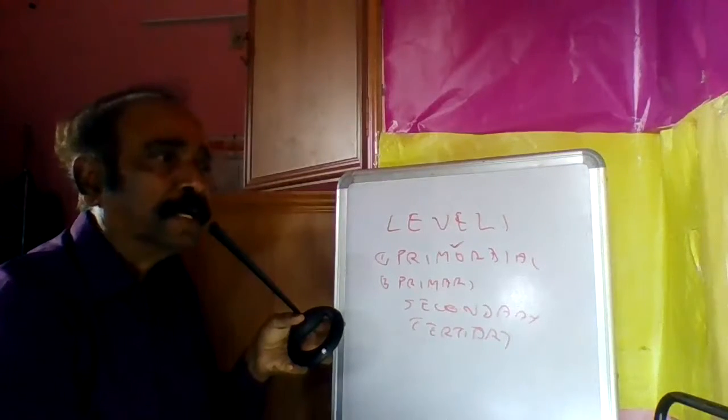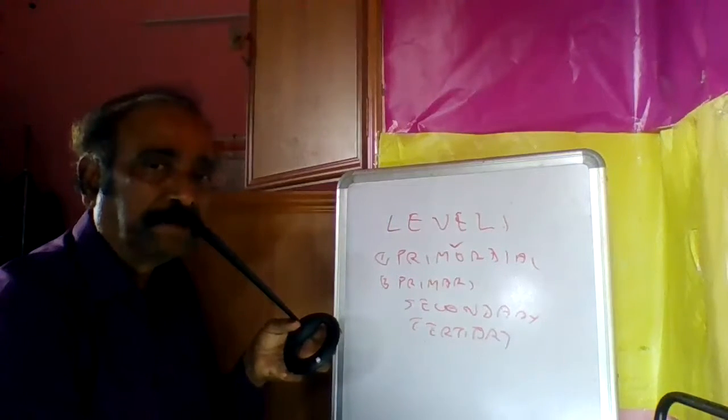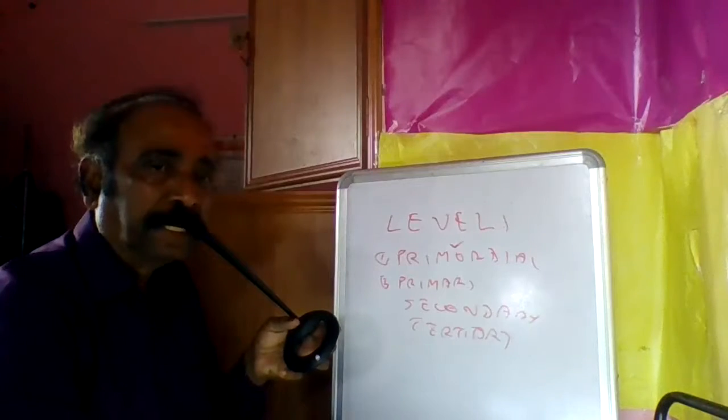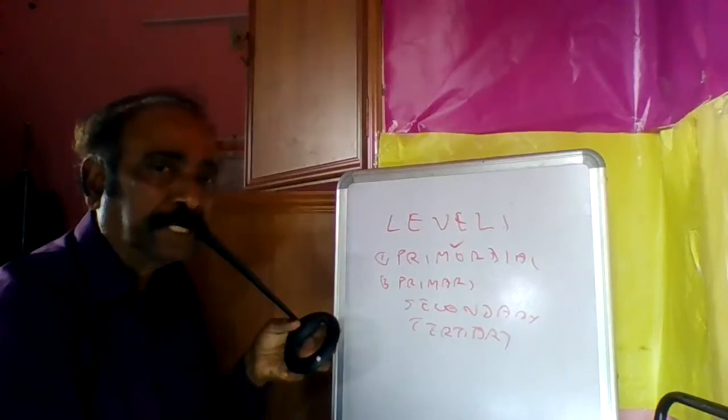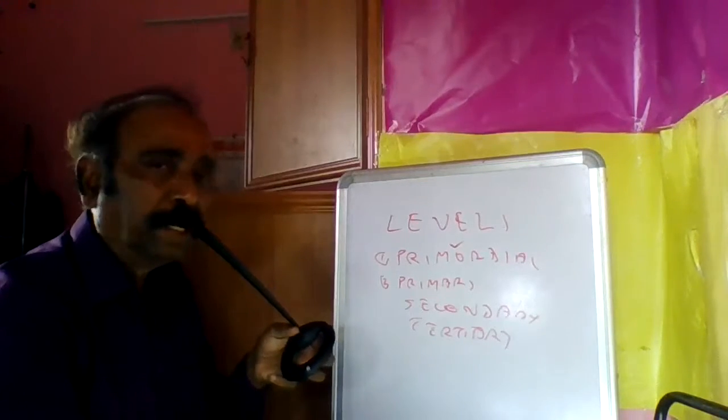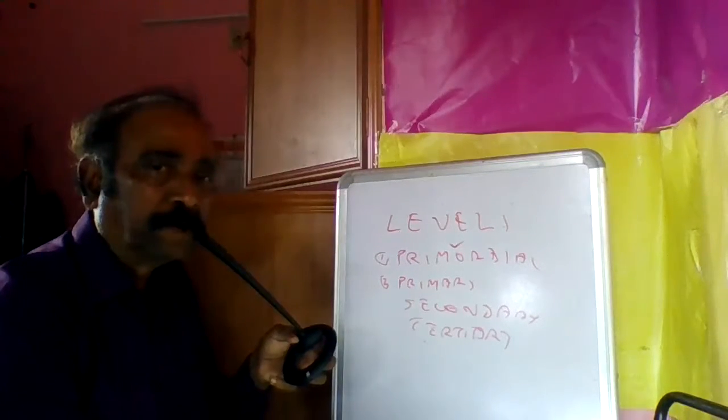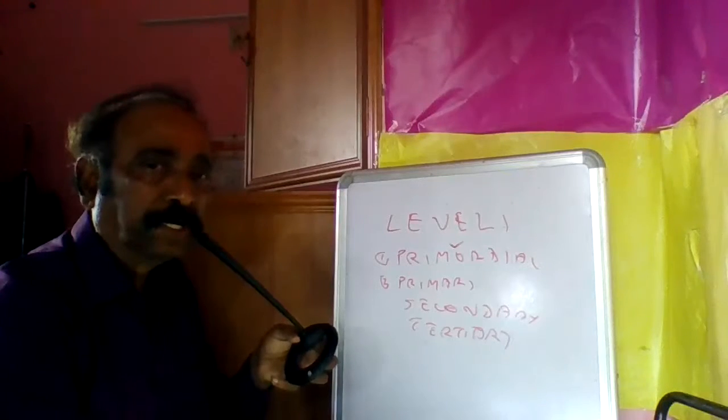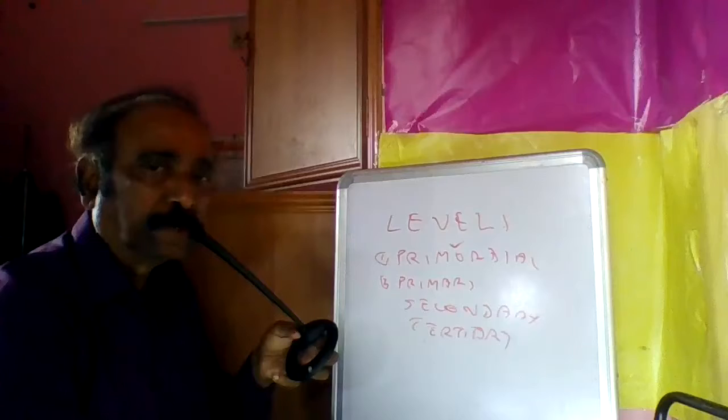For example, hypertension. In the new generation, they have a sedentary habit. Every child is told by the father and mother, you go to the professional college, engineering or medicine. Don't go and play with other children. That's what they are told from the beginning.